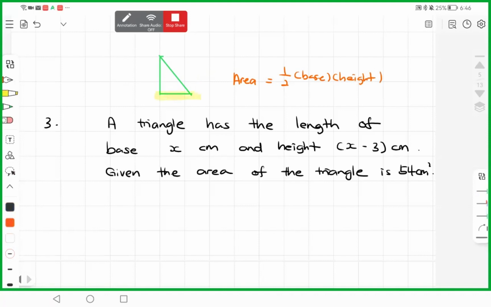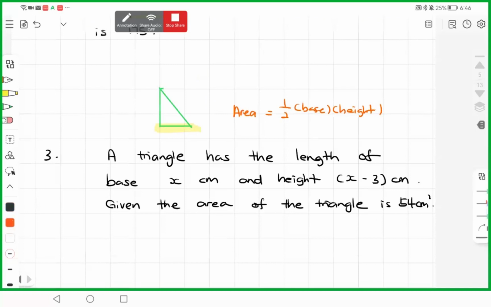So if it's a right angle triangle, here's another tip. Sometimes we are given a right angle triangle, so we can say this is the base, this is the height. But sometimes it's an isosceles triangle, right? So where is the base and where is the height?